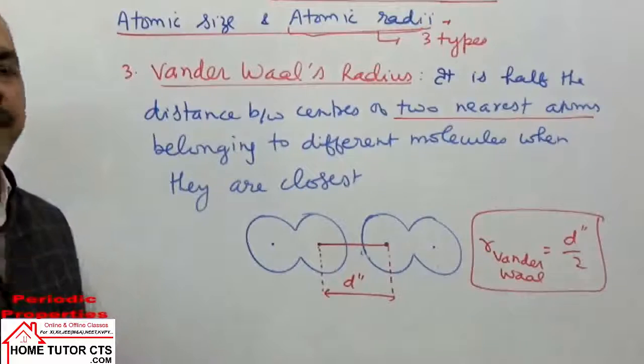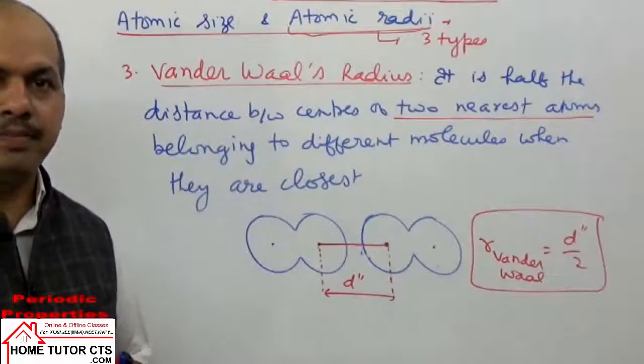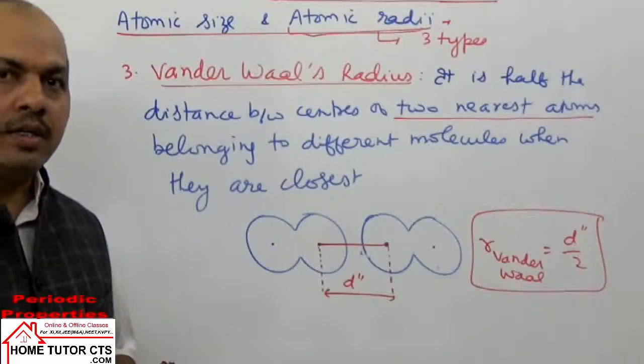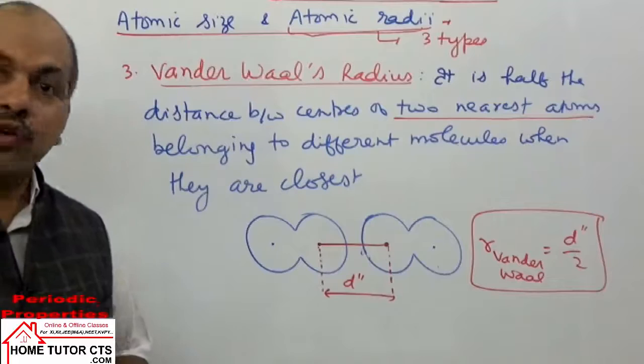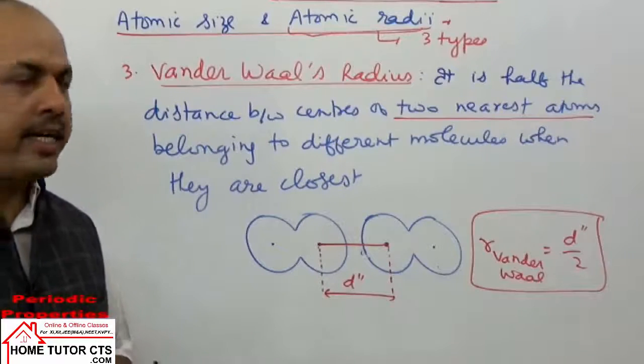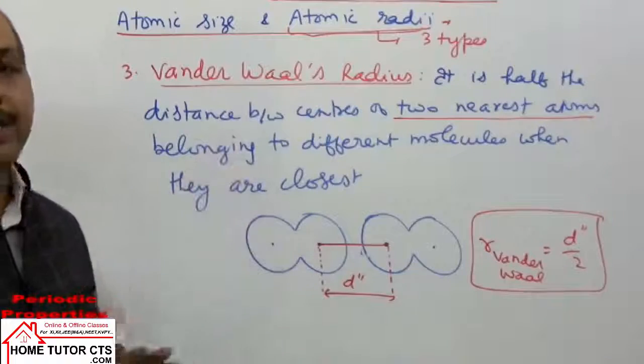So now if you just compare, suppose we have the same element for which we are measuring in one case covalent radius, in the second case metallic radius, and in the third case van der Waals radius.